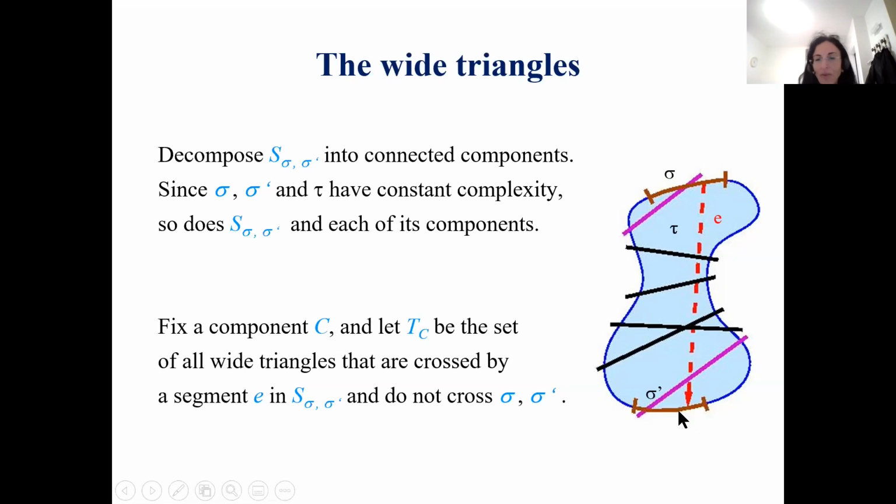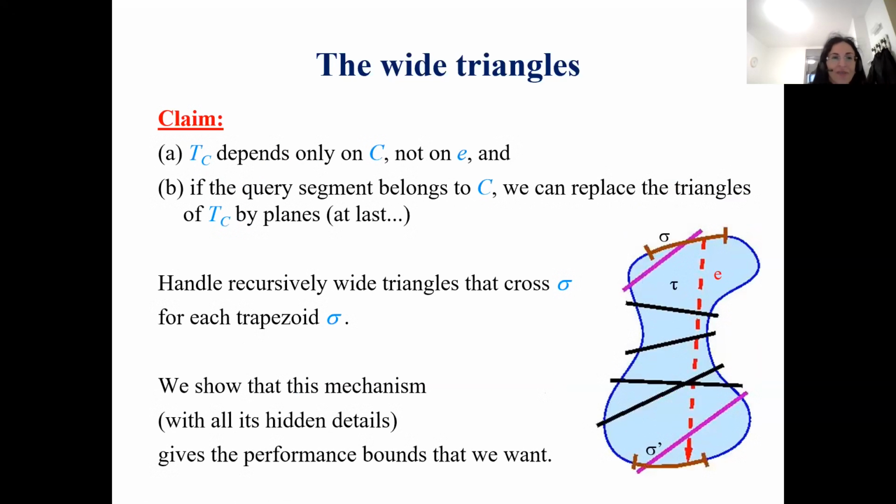I take one arbitrary segment E, and I consider all the triangles that it meets. These are the black triangles, and I exclude all those triangles, the pink triangles, that meet one of sigma or sigma prime. So basically, I look at this set. And what we are claiming is that this is actually a canonical set. This set is fixed. It is not changing.